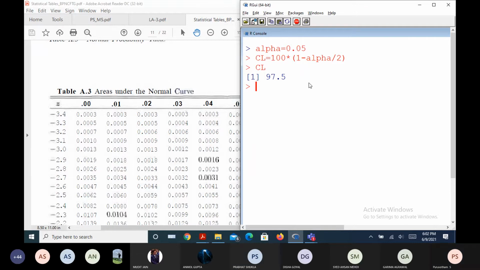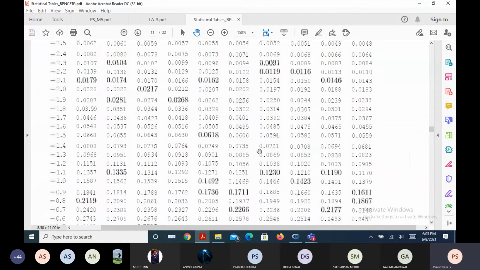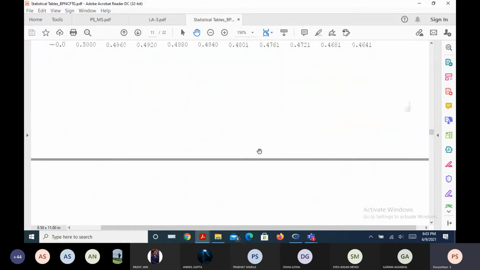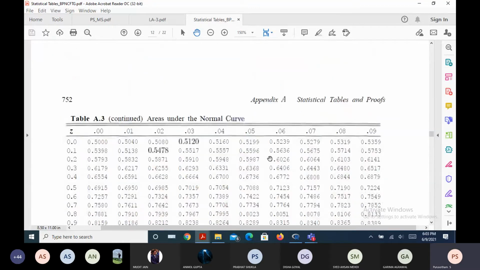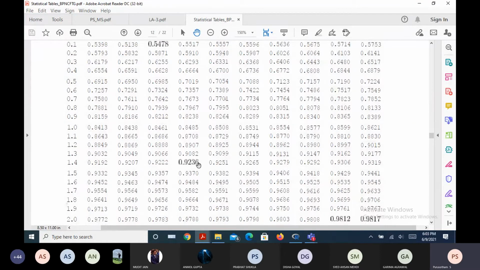Now, for what Z value is the area under the normal curve 0.975? These values will show us the area. Let me look at where the area is 0.975. This is 0.51, 0.67, 0.82, 0.92.